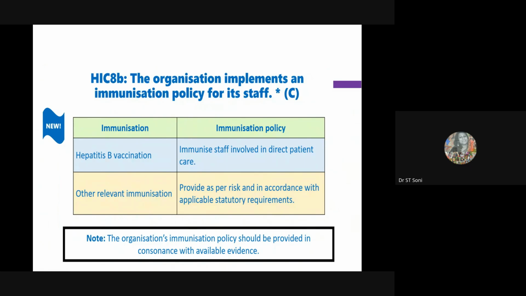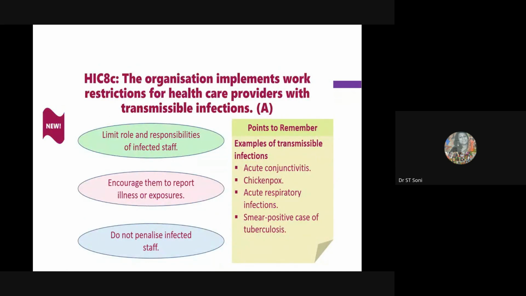Like in our laboratories, we have a polio lab, so we give the oral polio vaccine, and we also provide, as per the risk, other relevant immunization. Like COVID immunization in the COVID era, and tetanus. Definitely, tetanus is one of the recommended immunizations.